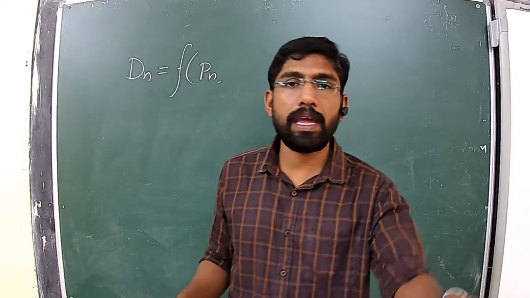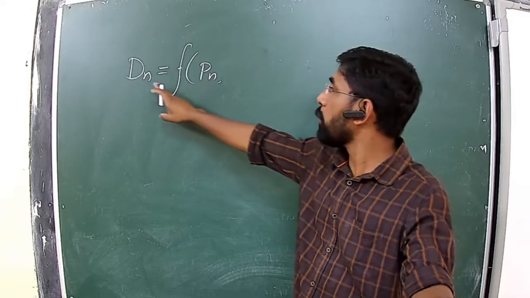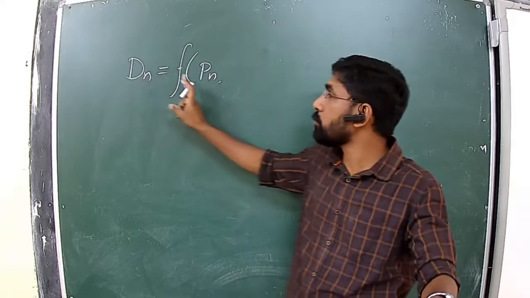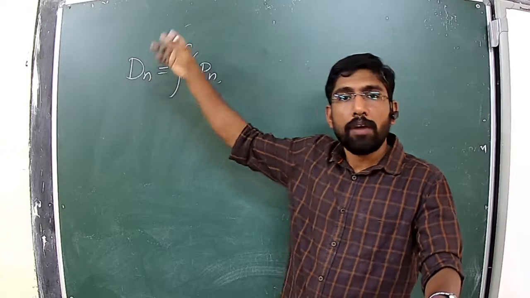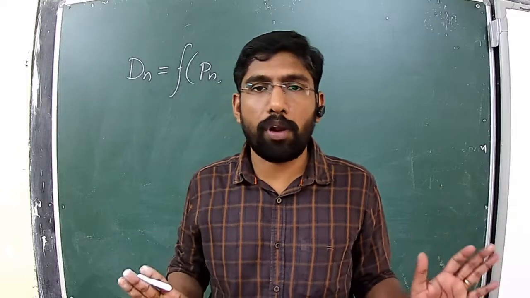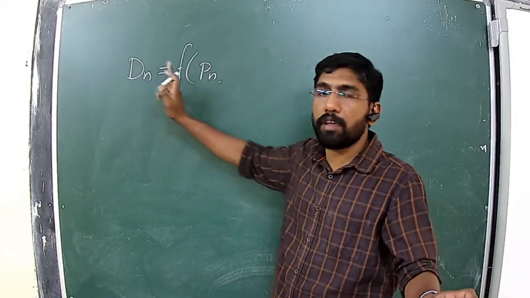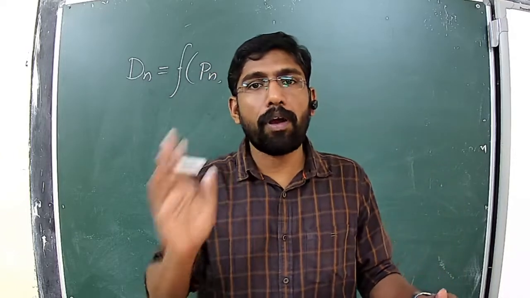What do you mean by Pn? Pn means the price of the commodity. Demand of N is equal to function of price of N. Suppose here N can be orange. So demand of N is equal to function of the first one, price of orange.